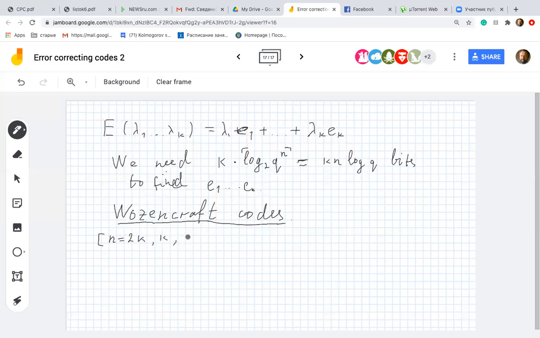And the distance will be the same as for codes on the Gilbert bound, or more or less the same as for random linear codes. And the alphabet will be binary. This is important. But actually, we can construct such a code also for a non-binary alphabet. But let's stick for now to the binary alphabet.